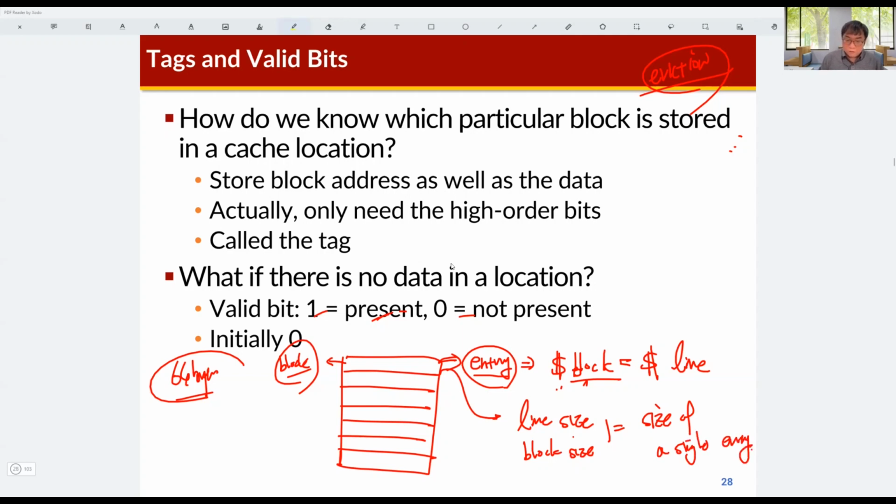In this example, I assume that the cache line or cache block size is 64 bytes. So that means the line size is 64 bytes, or the block size is 64 bytes, and the amount of 64 bytes of data is stored in a single cache entry.